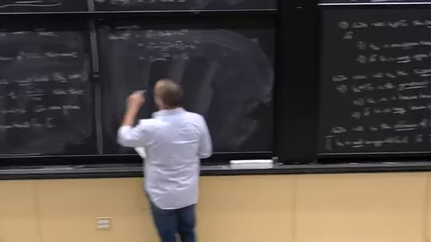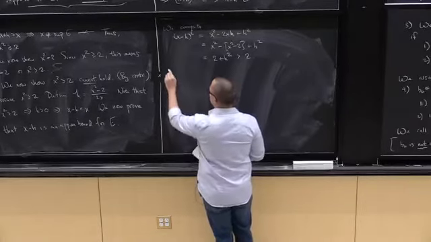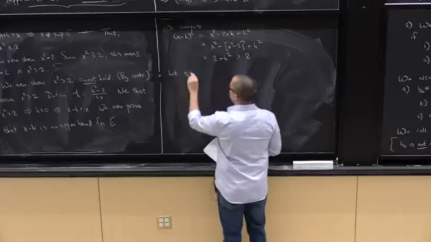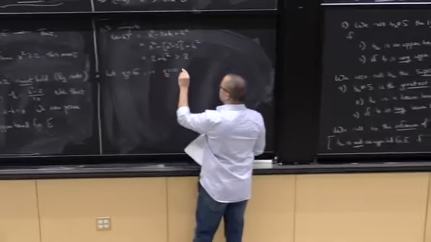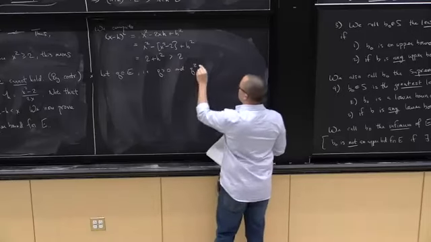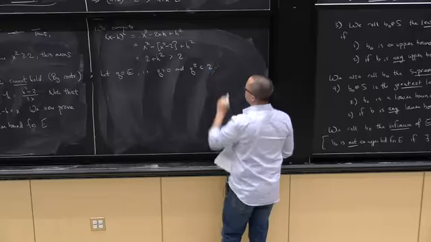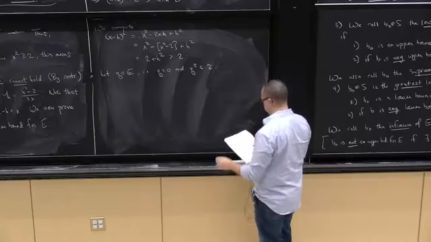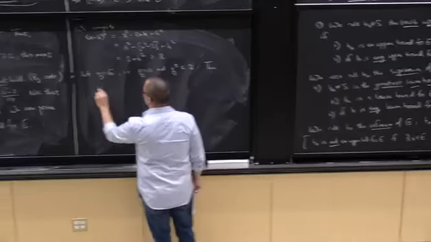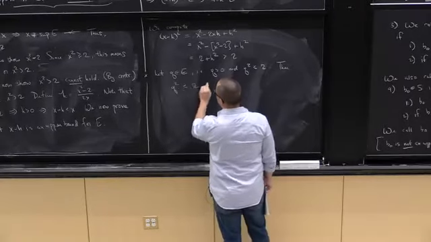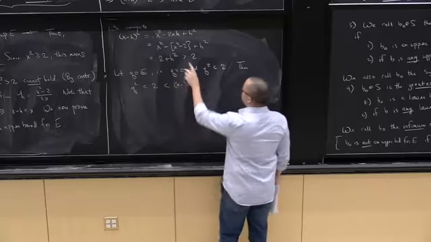So now I'm going to use this to show that x minus h is an upper bound for E. So let q be in E. Then q squared is less than 2, which is less than x minus h squared by what we just proved.